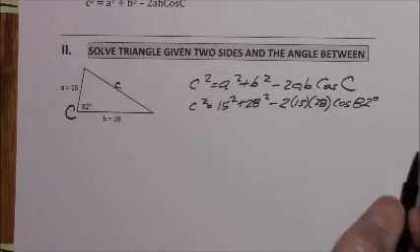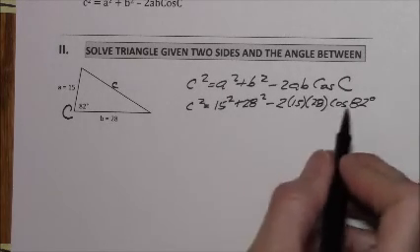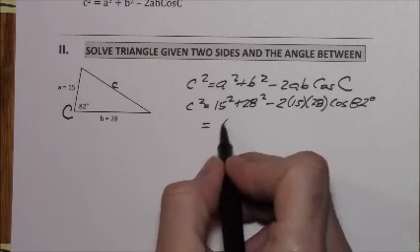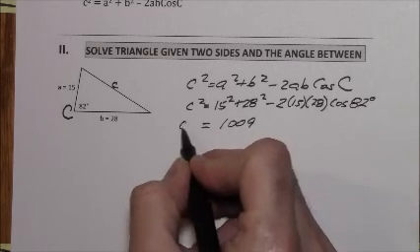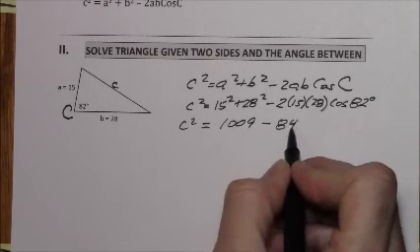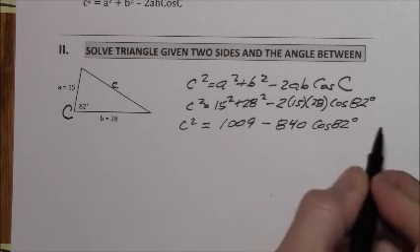We could do it in a calculator and get an approximation, but it's better if we wait until we do it all at once, or almost all at once. So right now, if you square these and add them, you get 1009, minus 840 times the cosine of 82 degrees.